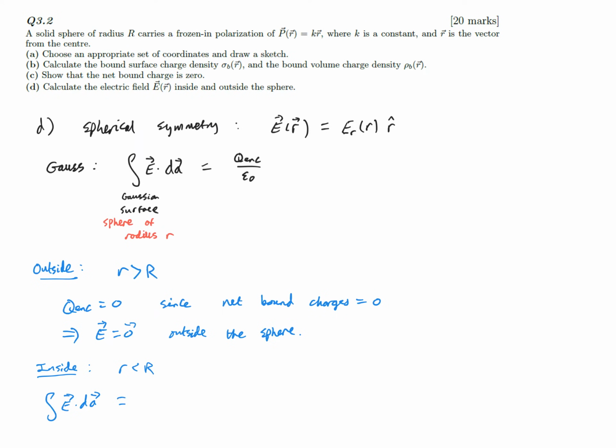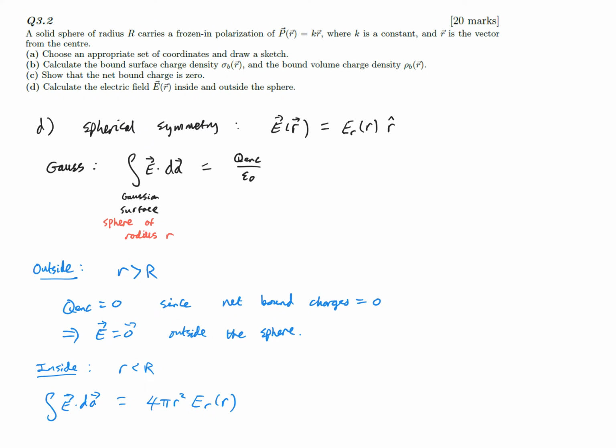By exactly the same logic as before, it is 4 pi r squared, where the r here is now the radius that we're interested in, the radius that we're looking at the electric field for, not the radius of the sphere. So it's 4 pi r squared, little r, times the electric field across that surface. And again, the point is that that's constant at this radius, and it's also in the radial direction. So I just get this simple expression.